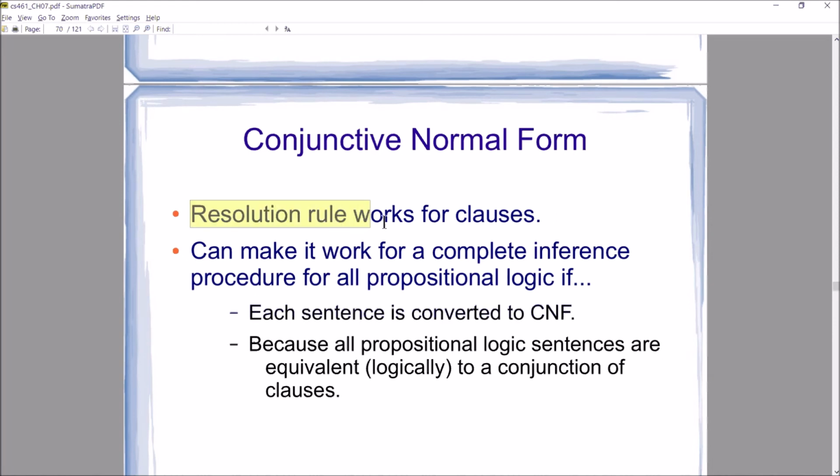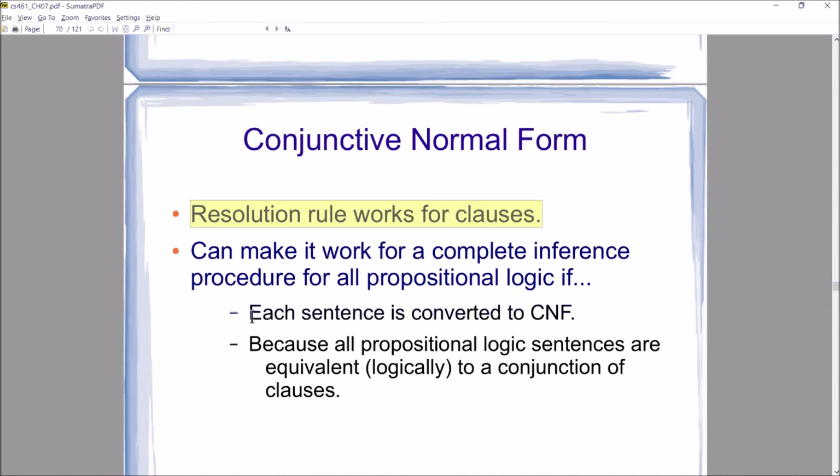Because the resolution rule will only work for clauses, okay? It only works for clauses. But that doesn't mean that you can't still take advantage of it, okay? You can make it work, in an inference procedure, in an inference algorithm, for any propositional logic, for any sentence, so long as you do some pre-flight work.